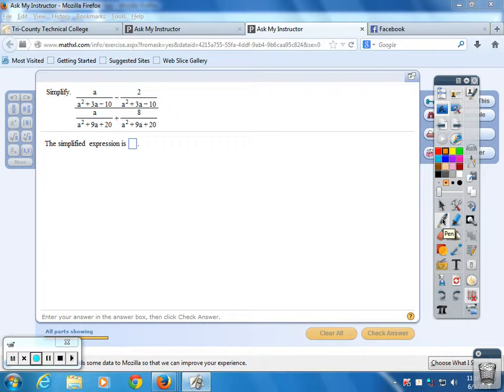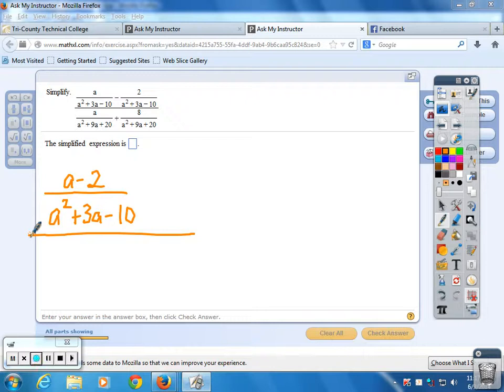So the top, you're going to get a minus 2 over a squared plus 3a minus 10 over a plus 8 over a squared plus 9a plus 20.